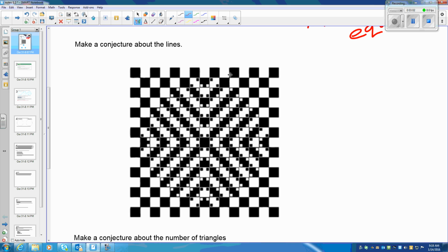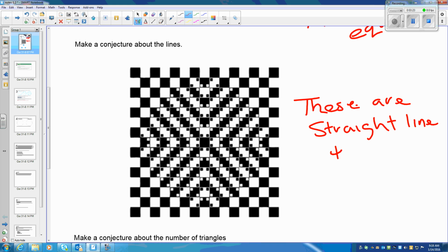So they are straight lines that are equally spaced apart is what you're telling me. You guys agree? Jesse's conjecture, these are straight lines and they are equally spaced apart.